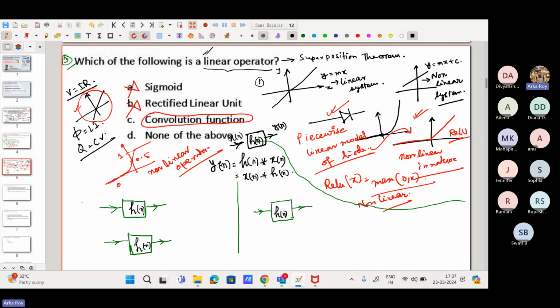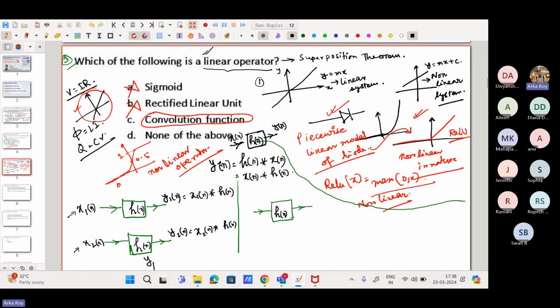So let us do the same. Let us consider we feed inputs x1[n] and x2[n] separately, and we get the outputs y1[n] and y2[n]. So y1[n] is x1[n] convolved with h[n], and y2[n] is x2[n] convolved with h[n]. Now we take the sum.